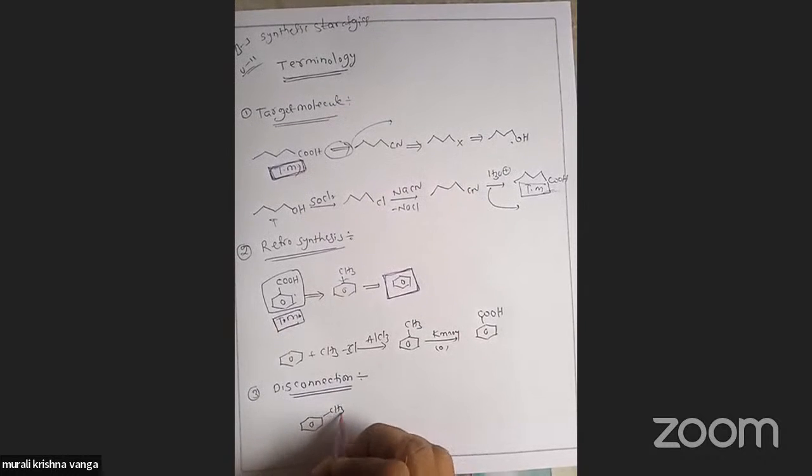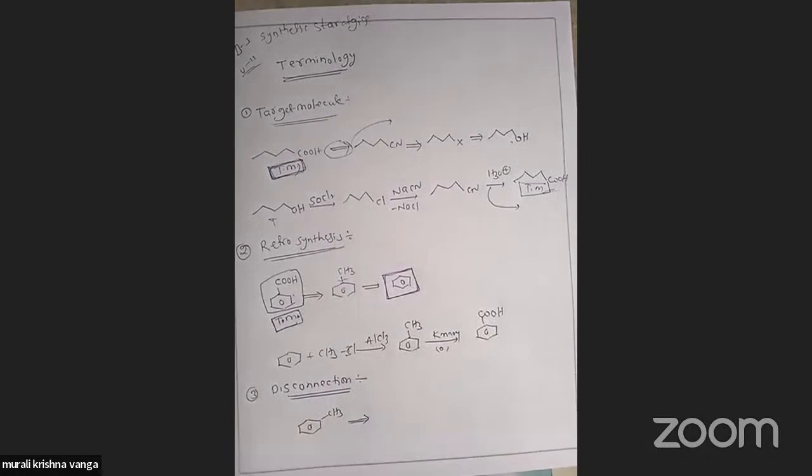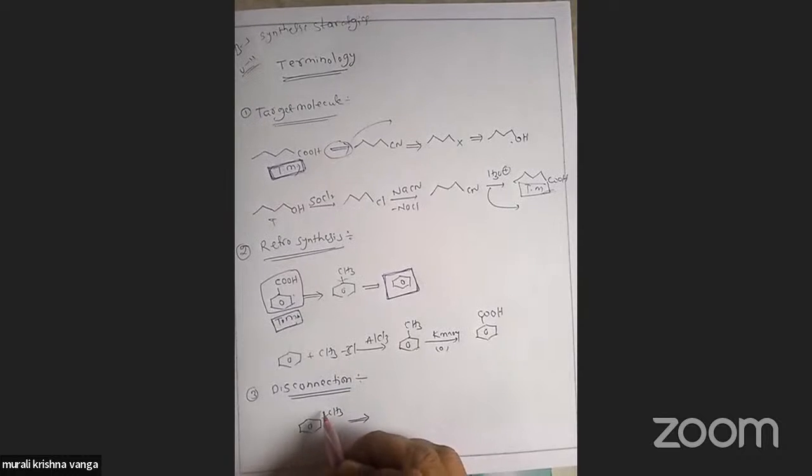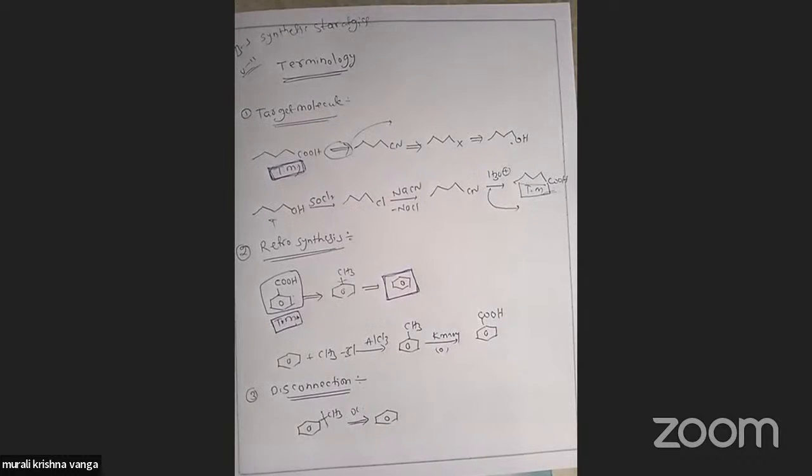Here we have taken toluene. In this toluene, we break this bond between the benzene carbon and methyl carbon. Now it is called disconnection. Disconnection means imaginary and hypothetical breakage of covalent bonds in target molecule, the reverse of the real reaction, in retrosynthetic analysis.